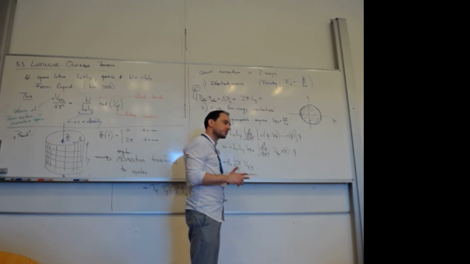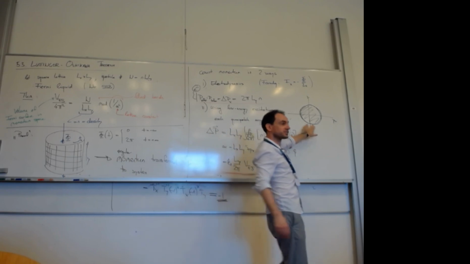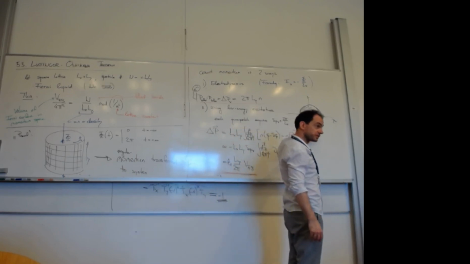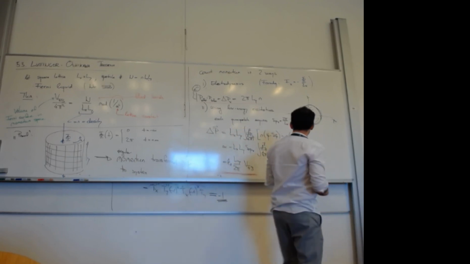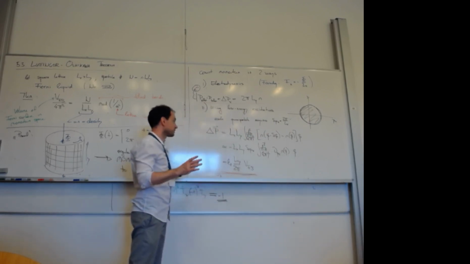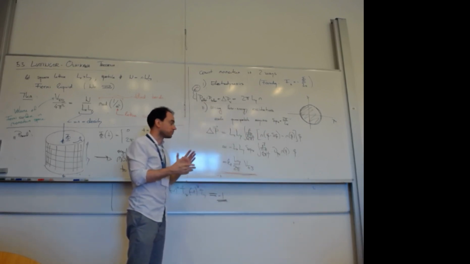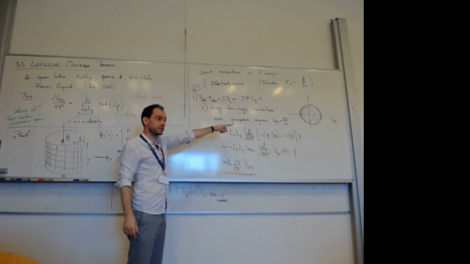Now, if you say localized, do you mean Mott or Anderson? Because this clearly does not assume disorder, so the translation symmetry is present. Now, if you start from, let's say, a Mott problem, indeed this gives you constraints.